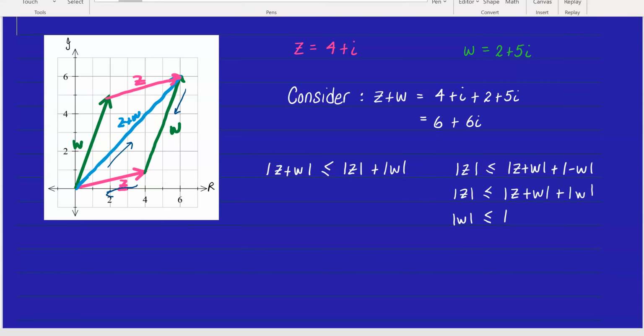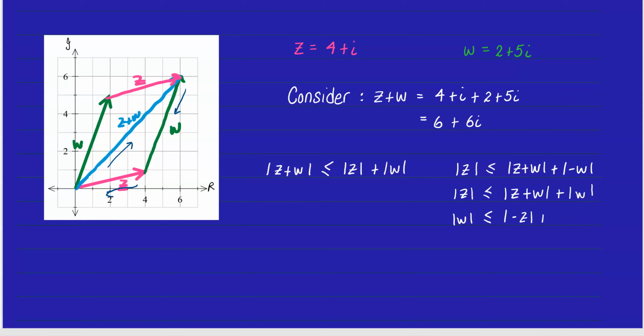So that would be less than minus z plus the length of w, and once again we're not looking at the negative length because we're talking about lengths, so we could just say it's like that. All of these are correct, but this one is used most often because it makes the most sense.